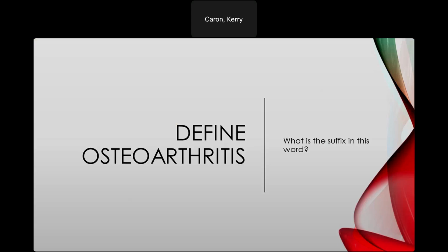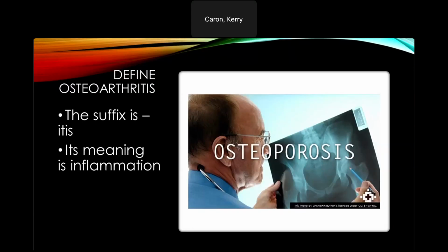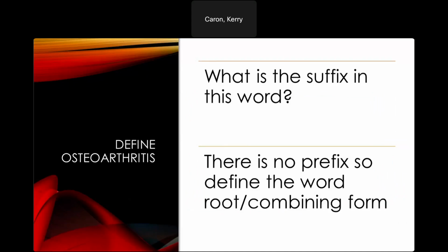Okay, let's try another one. So osteoarthritis, you'll start again with itis, and we know that that means inflammation. Now you'll go to the prefix, you'll go to the front of the word. In this case, we don't have a prefix, but what we have is two word roots, oste and arthra.